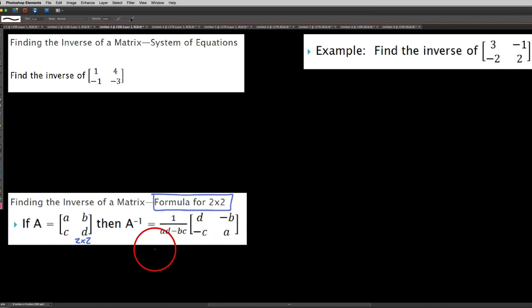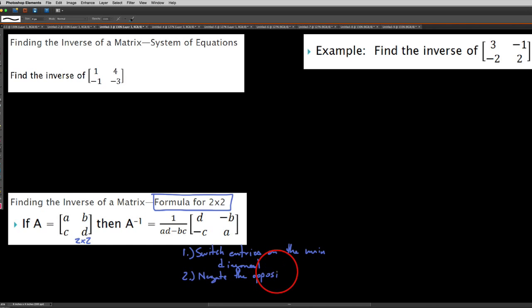What I want to recognize here is this: to find the inverse matrix, what we're going to do is this. We are going to, 1, switch the entries on the main diagonal. Now when we say the main diagonal, this is the one that runs down this right here. So you'll notice that A and D here, what happens is their values just switch around here. And then what we're going to do is this: we're going to negate the opposing diagonal.